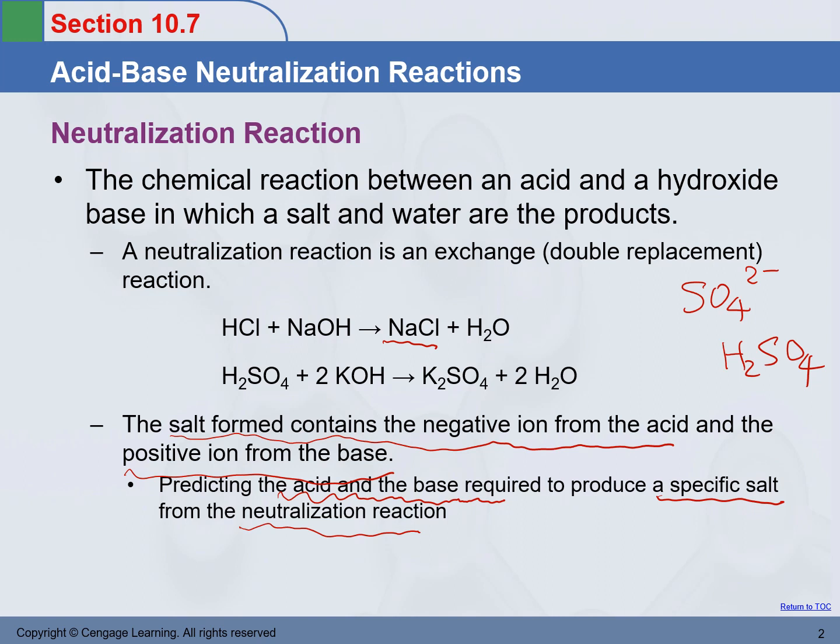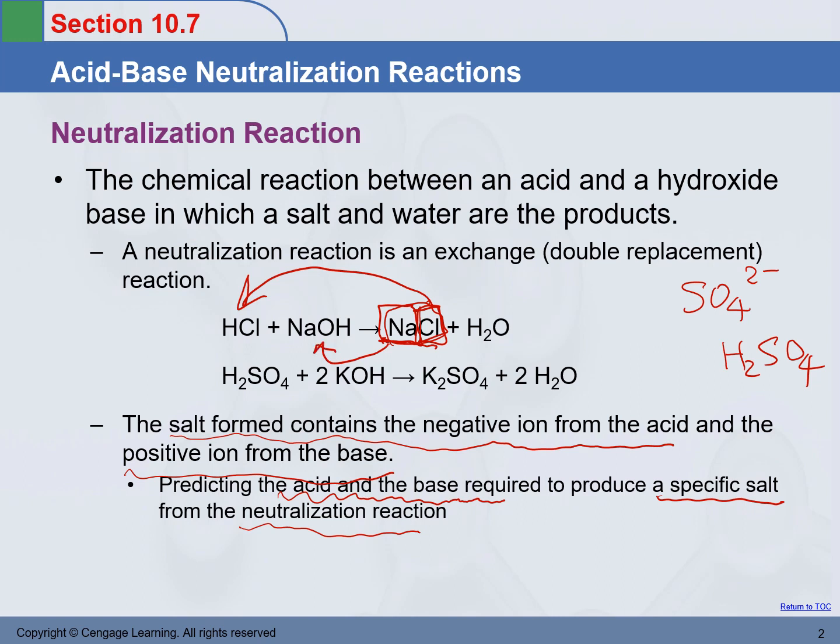The parents will look like that. Because why? Because this child salt inherited a little bit from each parent. The salt inherited the negative ion from the acid, inherited the positive ion from the base.